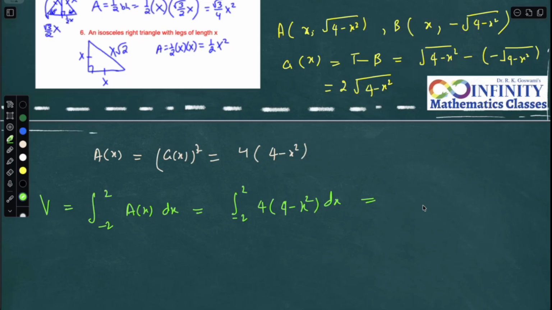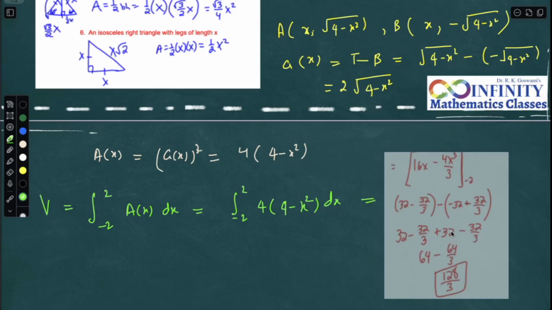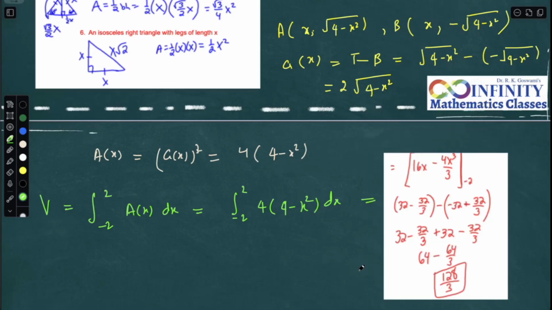You should be able to get this type of expression actually. Okay, there is again a calculation mistake. This is going to be 2. Check. 4 times 4 is 16. It is 16x minus 4x cubed by 3. If you put the upper limit and lower limit, the calculation will give you 128 by 3.